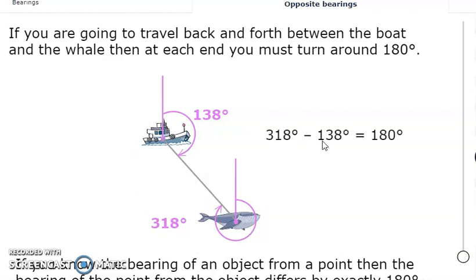Or 318 minus 138 is 180 degree. Just remember, the bearing of this whale from the ship is 138, but the bearing of the ship from this whale will be 318. This is something where students get confused most of the time, so I am insisting you remember this difference.